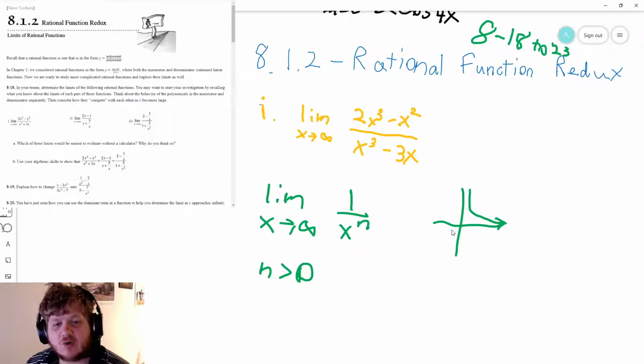So it's going to go towards 0 as x gets bigger and bigger.